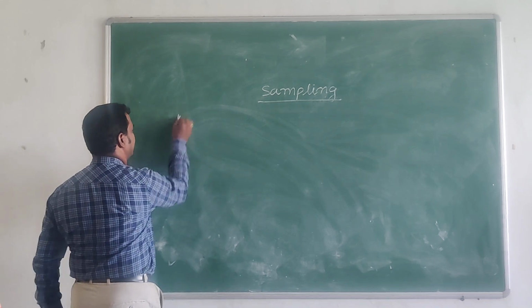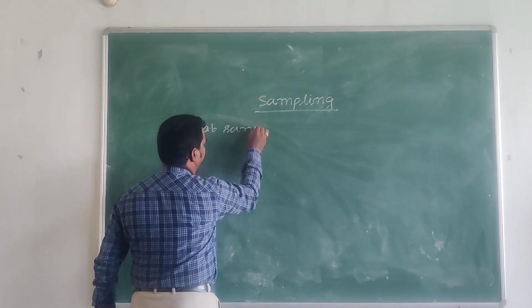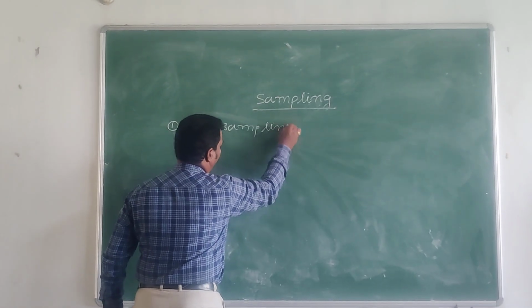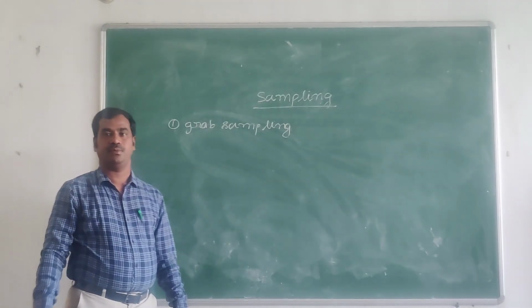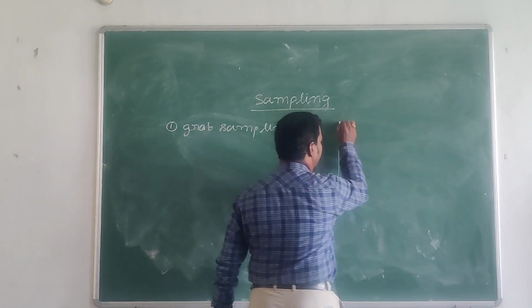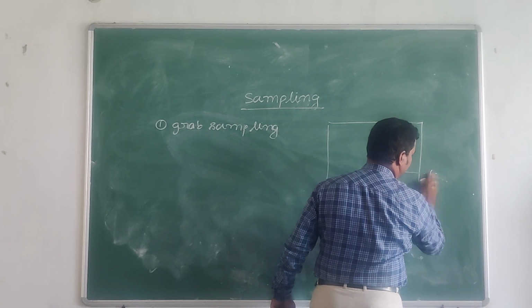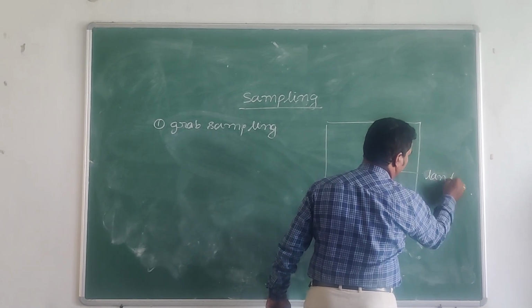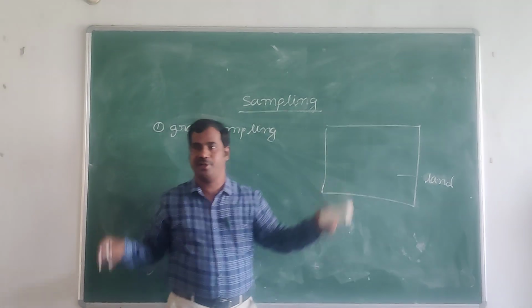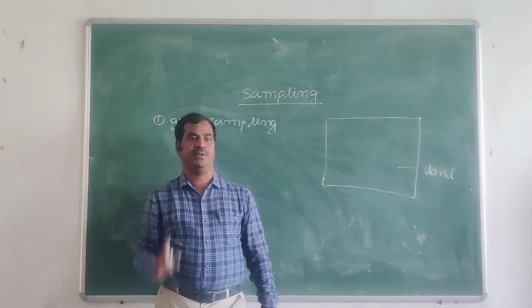So first, call it grab sampling. What is grab sampling? Suppose we have a large quantity of land, some square feet of land, and we want to construct a building.